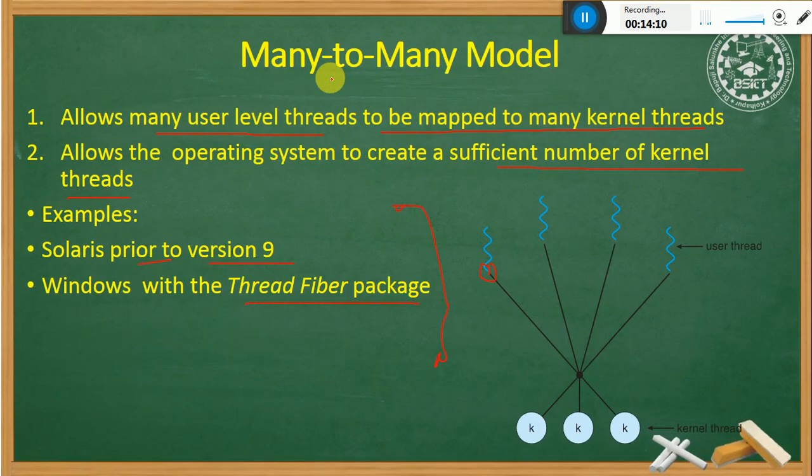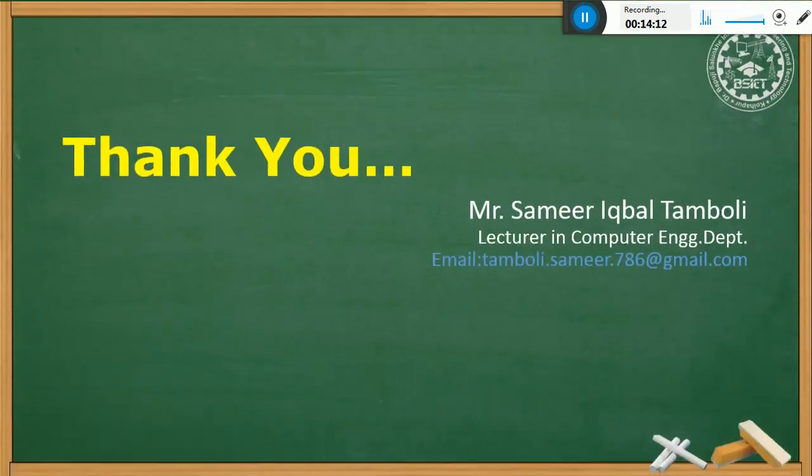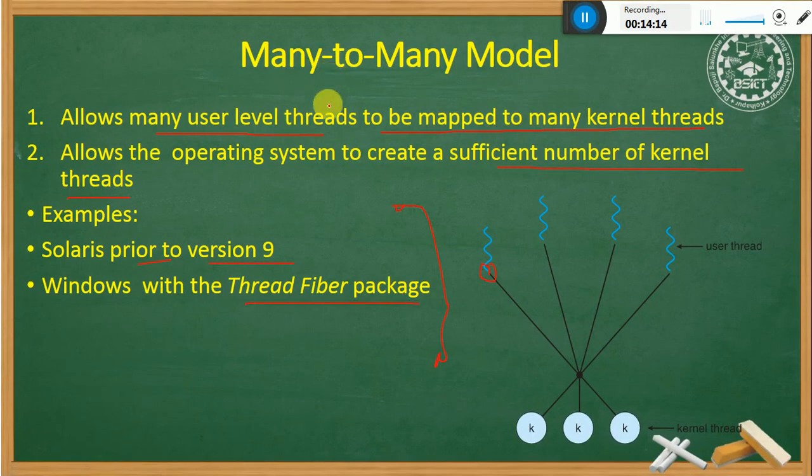I can give you a hint for this exercise: complexity issue, overhead of kernel area, parallelism, and concurrent execution. These are the four parameters through which you can find the advantages and disadvantages of these models.